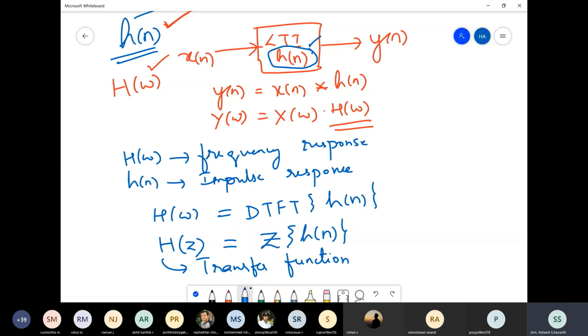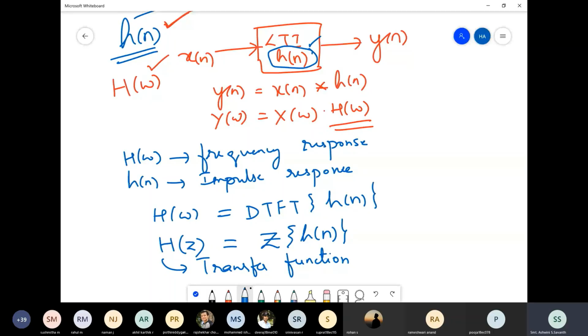So you see all these are related: h of n, the DTFT, the Z transform, the transfer function. When we are designing, we can design any one of them. It depends on the filter design method we are using. Based on that, we design either h of n, H of omega, or H of z.